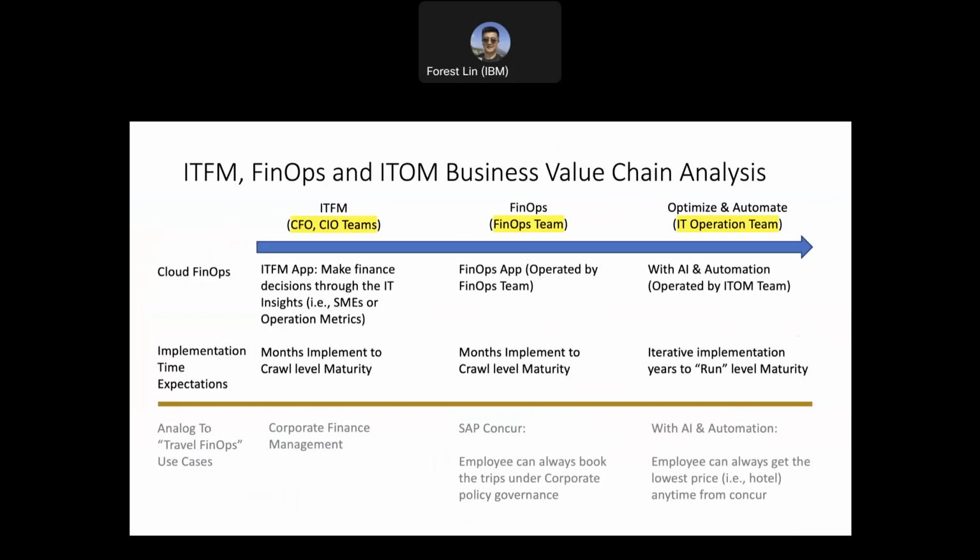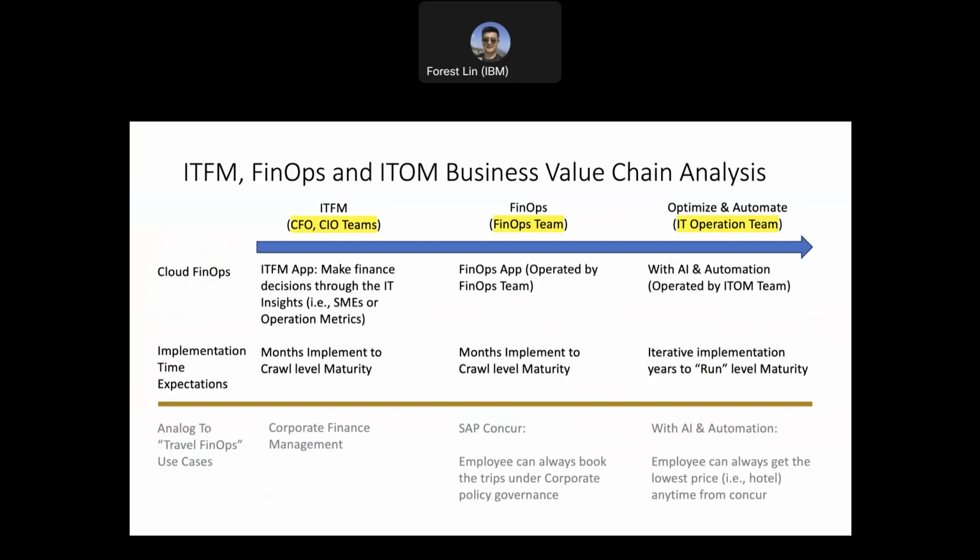For example, the cost transparency from the FinOps and the unit economics need to be used by the CFO and the CIO to make the business decisions, such as the budgeting, IT planning, cost allocation for the unit economics.